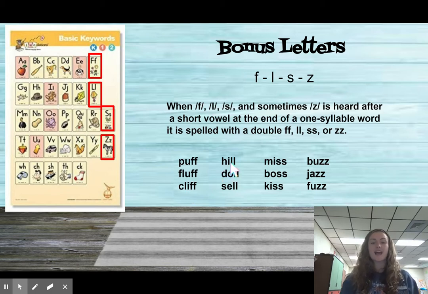Now we have some words that have that bonus L. So, h, i, l, hill. We don't say hil, right? So that bonus L comes after a short vowel sound. Our next word is doll. Doll. Now, that sounded a lot like A-L-L, ball, all.